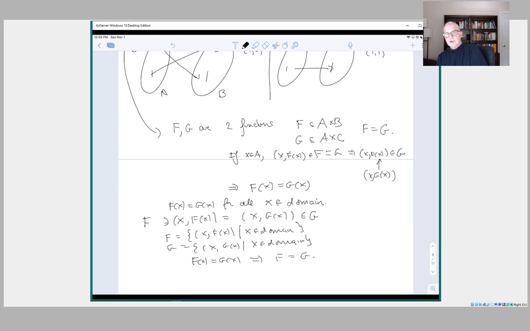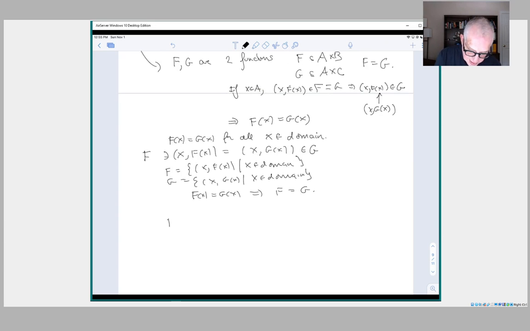So two functions are equal if they have the same domain and they take the same values at every point on that domain. Notice that means that they do not have to have the same codomain. So for example, if I give you the function f from R to the interval [0, 1], where f of x equals sine of x, or in other words, the pairs are (x, sine of x) for x in R. Or I give you the function g from R to R, where g of x equals sine of x.